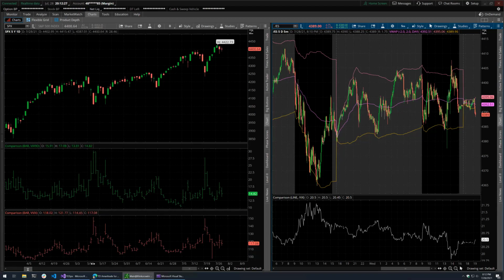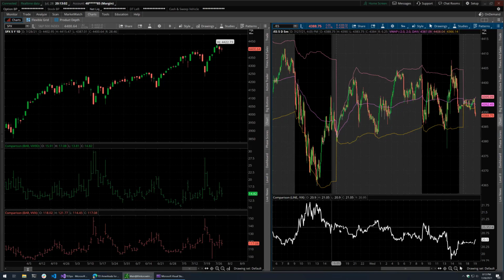Here on the screen, we have the S&P 500 on the left, and down here is the 9-day VIX. We're going to see movement in the front-dated contracts with this indicator, and down here we have the VVIX. On the right, I like to have the futures on the screen with VWAP. A lot of times the price will return to VWAP, the volume weighted average price.